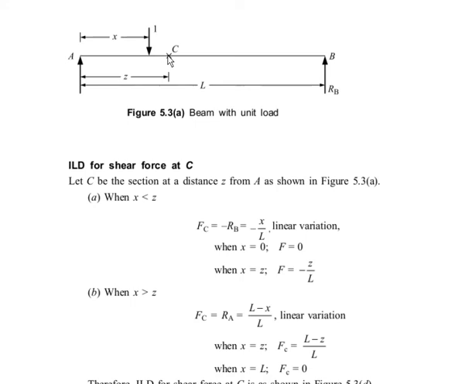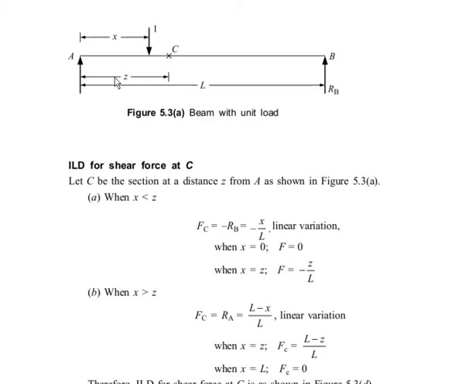And the second case is when the unit load is in a position between C and B. So the two cases are when X is less than Z, which means the unit load is between A and C, and when X is greater than Z, when the unit load is between Z and B, or when the unit load crosses the point C. These are the two cases to be considered in this problem.